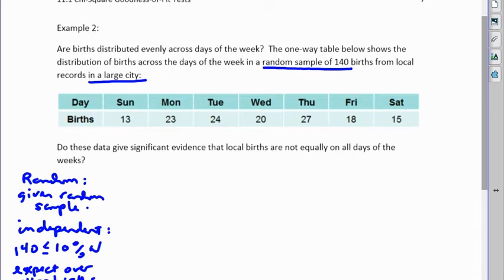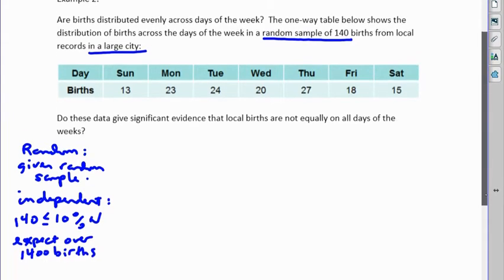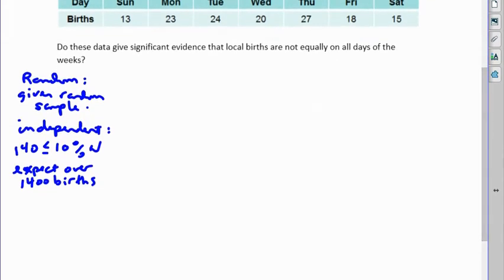So I think we can establish independence in this situation. And in fact, you could almost think that births themselves might be independent in general.